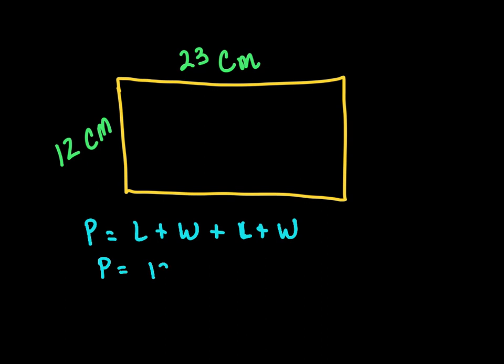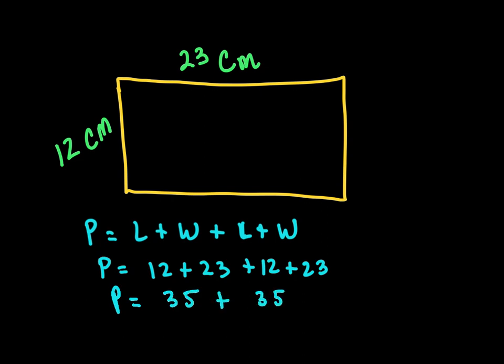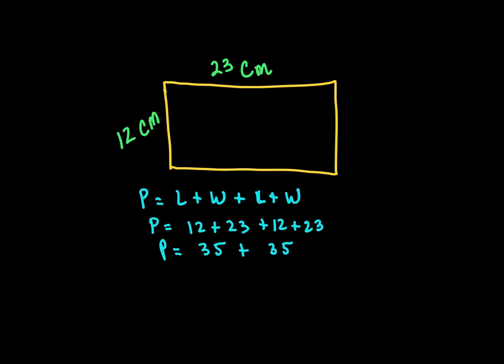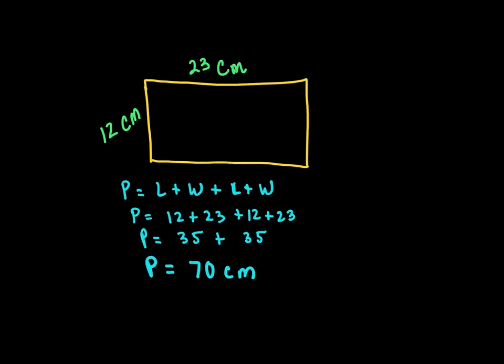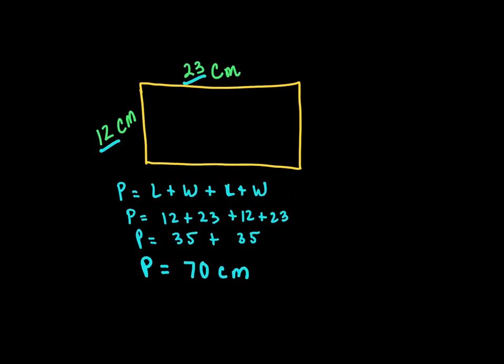So we've got 12 plus 23 plus 12 plus 23. And then we're going to get P is equal to 35 plus 35, and we're going to get P is equal to 70 centimeters.